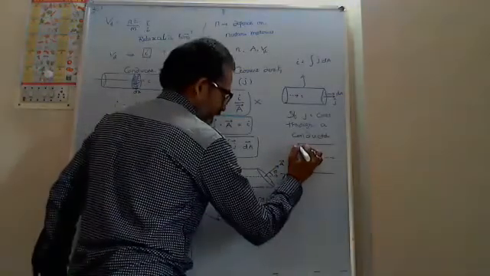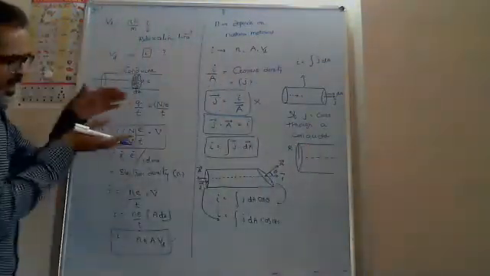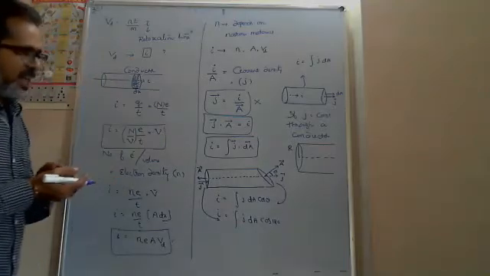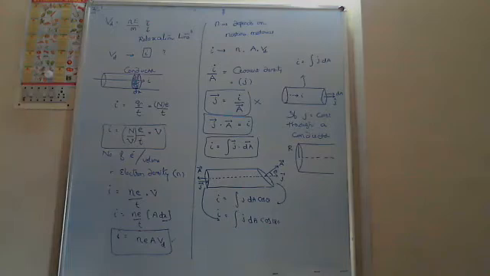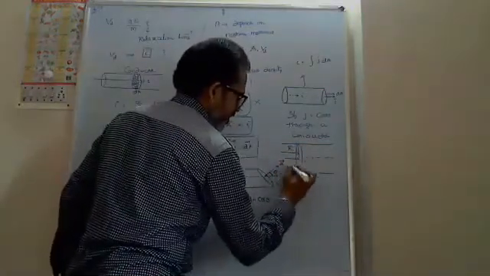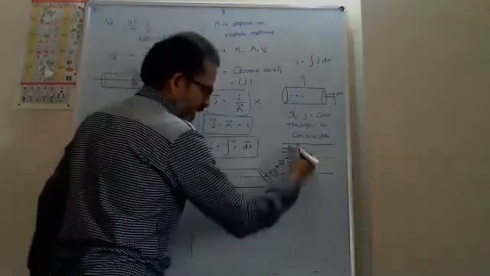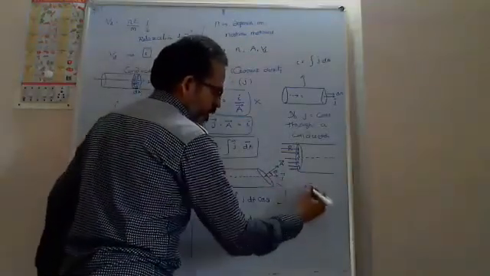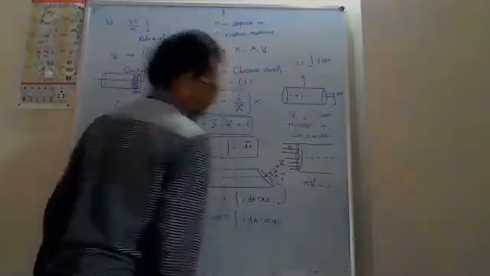Suppose the radius of the cross section is R, and through the conductor the current is I. Through how much cross section did I calculate the current as I? Pi r squared. Very good, pi R squared. So through the whole cross section you said the current is I. So through the cross section of pi R squared, the current is I.